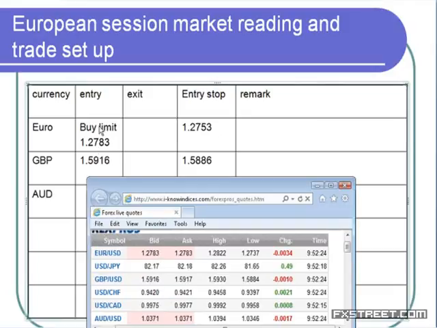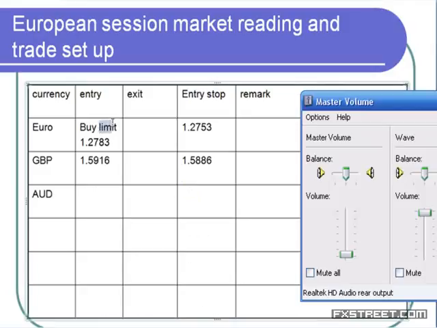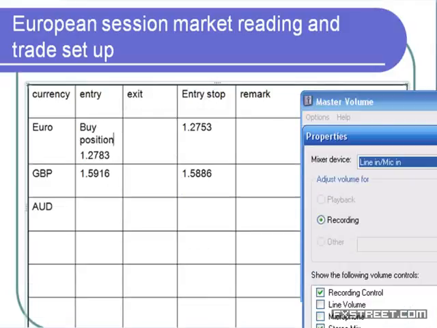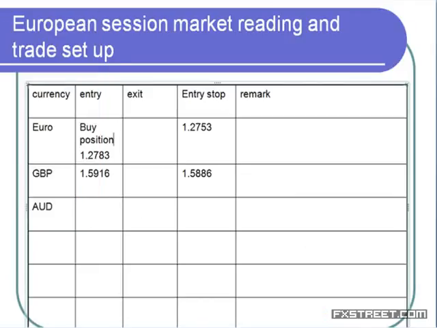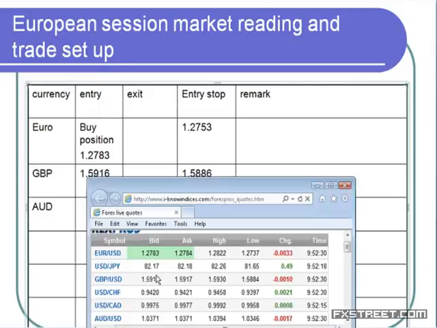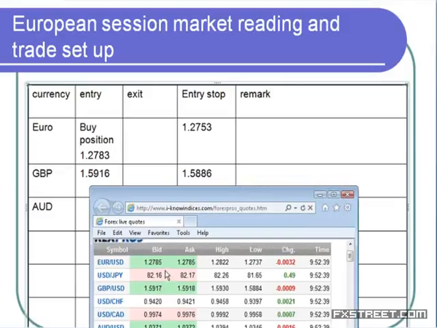It now becomes a buy position. Similarly 59.16, it becomes a buy position now. So we have the buy position in both. Let us see what happens to those positions.